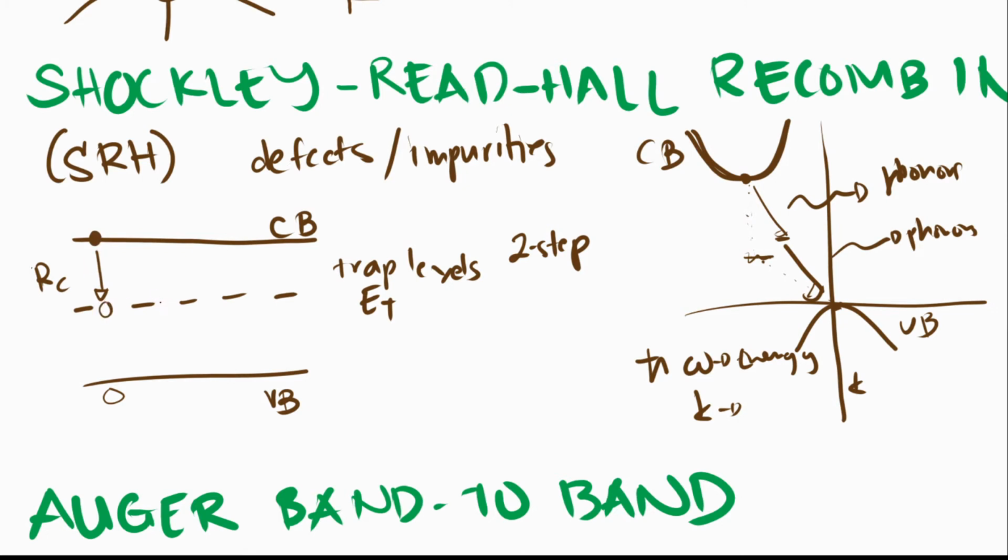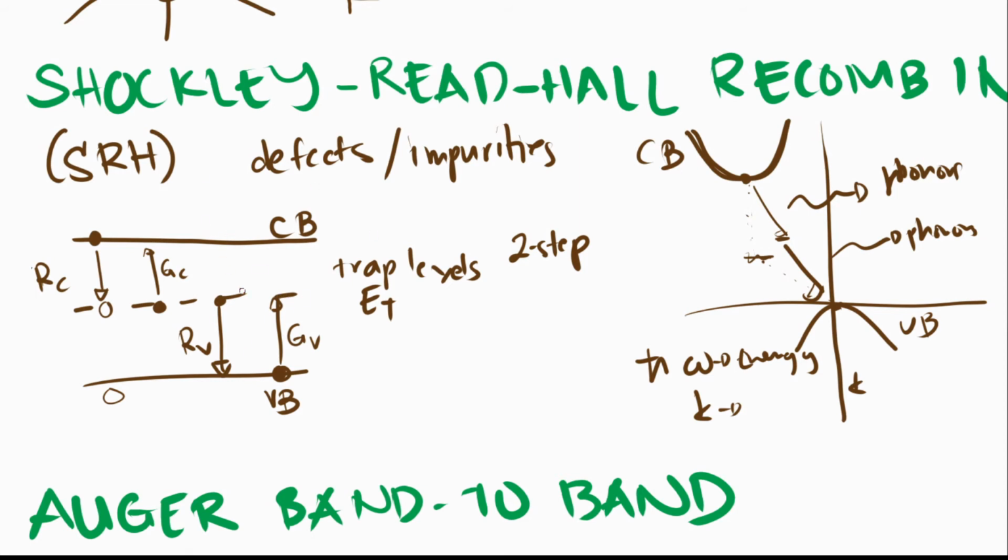We have G_C. G_C is yung pag-akyat ni electron from the trap level to the conduction band. We also have yung R_V natin. Pagbaba ni electron from the trap level to the valence band. And we have your G_V. Yung sa G_V mo, you have your increase of the electron from the valence band to the trap level.